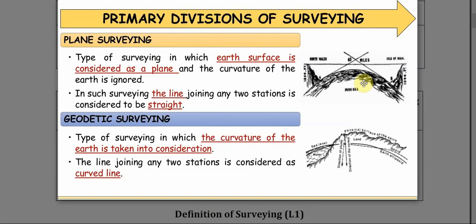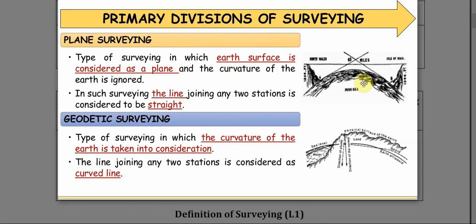If we draw a survey line on that ground, then the assumption that the surveying line on the ground in our college is straight holds good because the ground is a very small area compared to the whole earth. So if your area of surveying is very small, it is very safe to assume that all the surveying lines are straight. And it is safe to assume that you are doing plane survey.